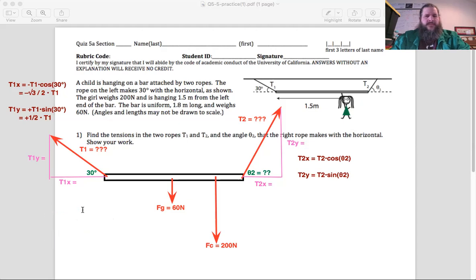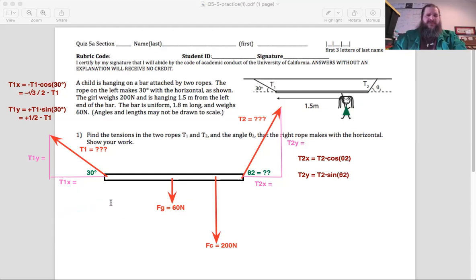The 2 tensions. Yeah, so we can just say T1x plus T2x adds up to 0, since gravity and the force of the child have no x component, they're purely vertical.